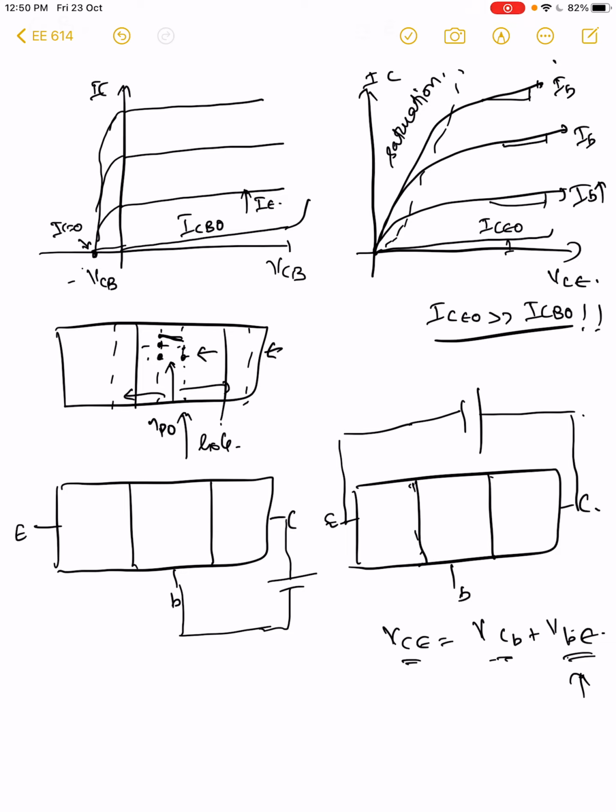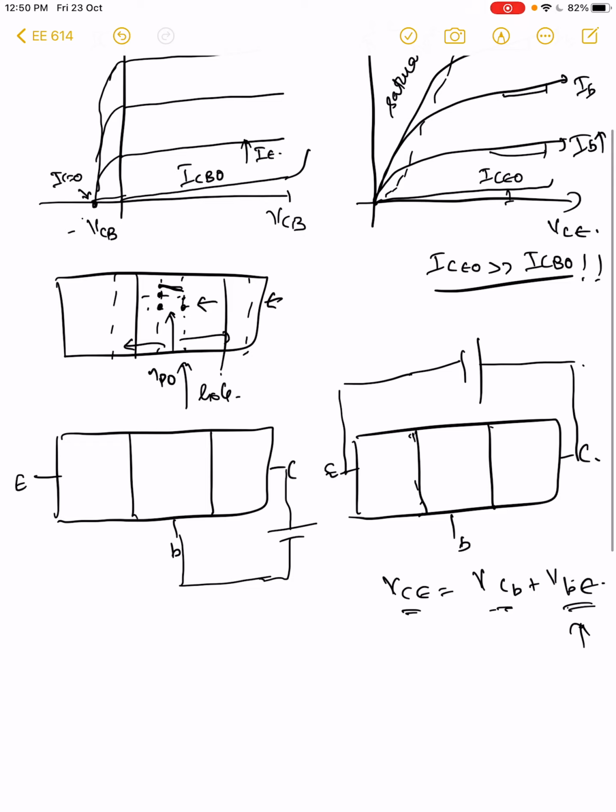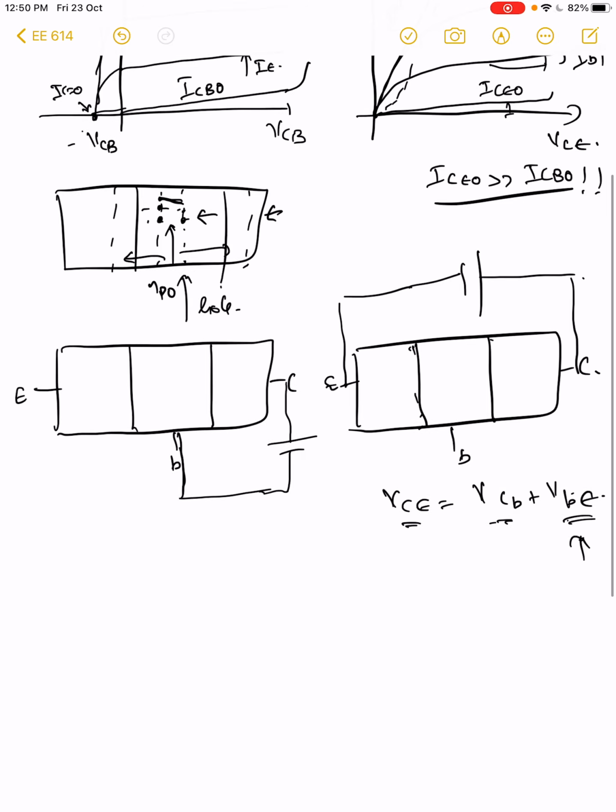So with that being given, now let us consider why in the common emitter case, the collector emitter current is much larger than in the common base scenario. So this is the common base scenario. If my emitter is open, that means there are no currents here.